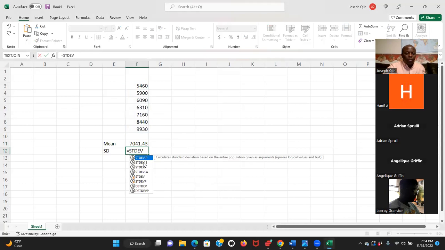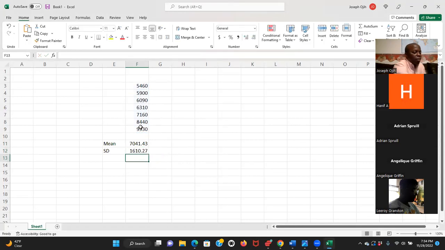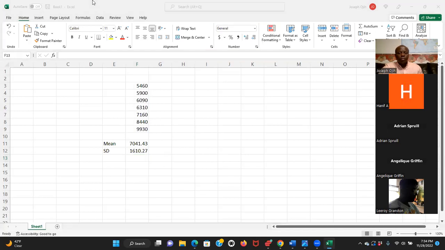This is what you need for a sample. Double click, highlight all, close it, and press enter. So we have all the things we need. We have X bar 7041.43. The sample standard deviation is 1610.27.